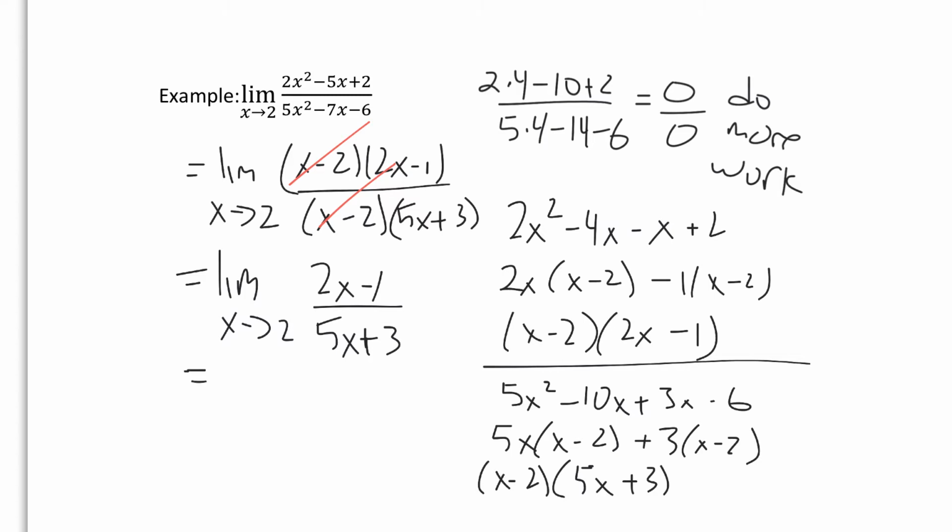It doesn't always work. Sometimes you need to do a lot of work. But if you have canceled something, it's a good time to try plugging it in. So we try. 2 times 2 minus 1 over 5 times 2 plus 3. So that'll be 3 over 13. There we go. We have our limit. And again, the skill that we needed that was so crucial was factoring. Without factoring, this limit would be impossible, but with factoring, it's not too bad.